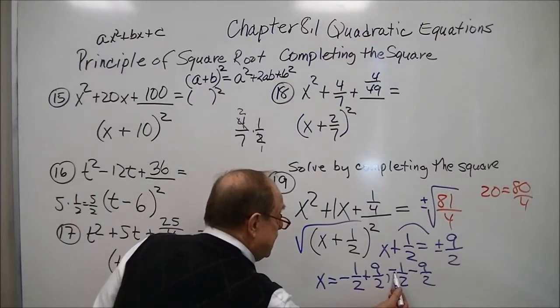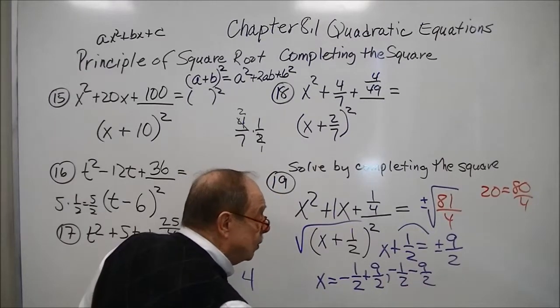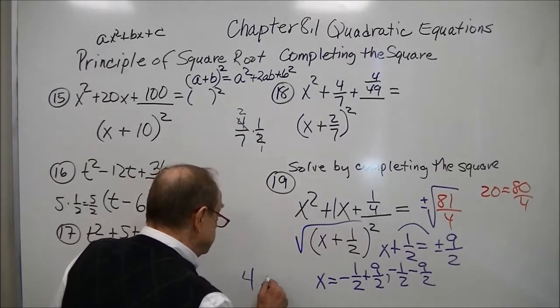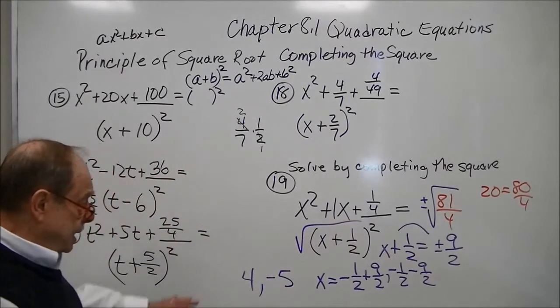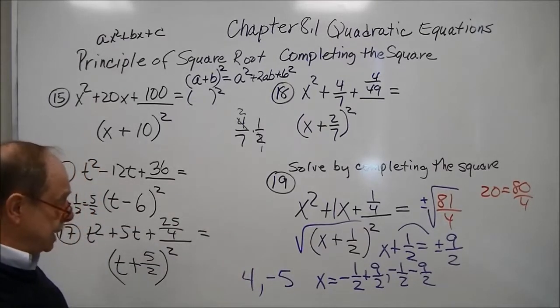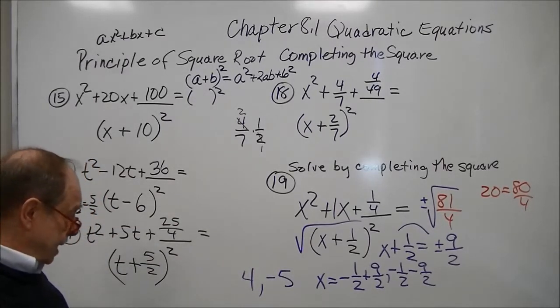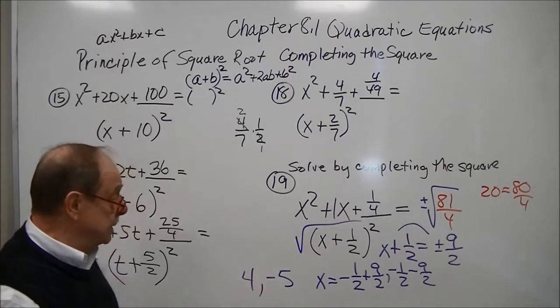This is a negative 1 and a negative 9 gives me a negative 10 over 2, which gives me a negative 5. They could have given us an easier one. This is a little challenging. But our answers are a 4 and a negative 5.